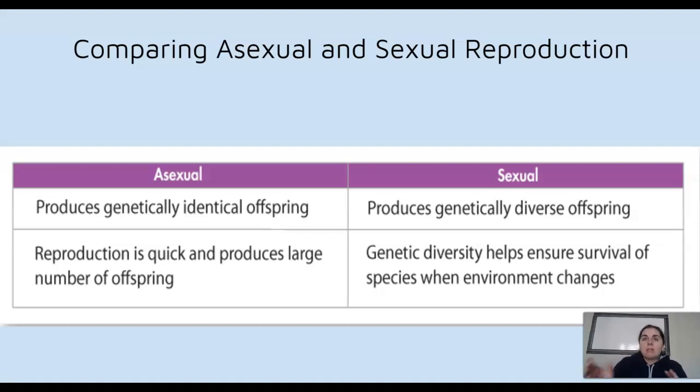So if you have a variety of fur colors, if the Arctic suddenly melts away and you're left with a grayish surface, darker colored organisms are going to survive easier than the white colored ones. Just like if you have glaciers developing in areas, white or light colored ones are going to survive better than the darker ones. Okay?